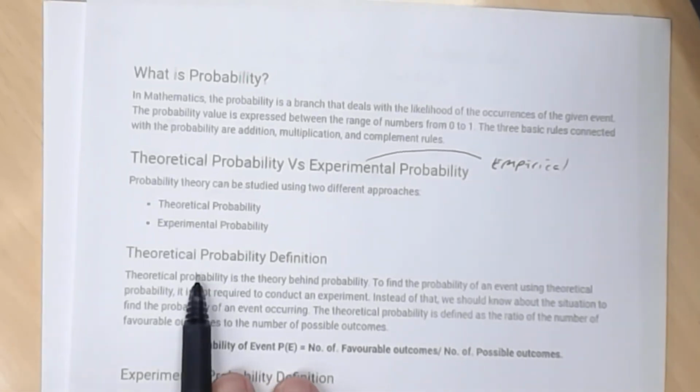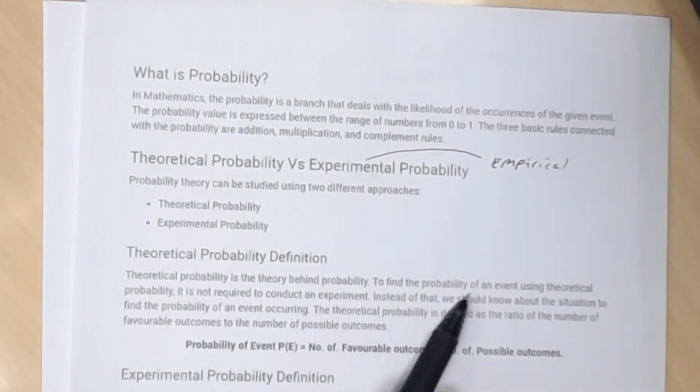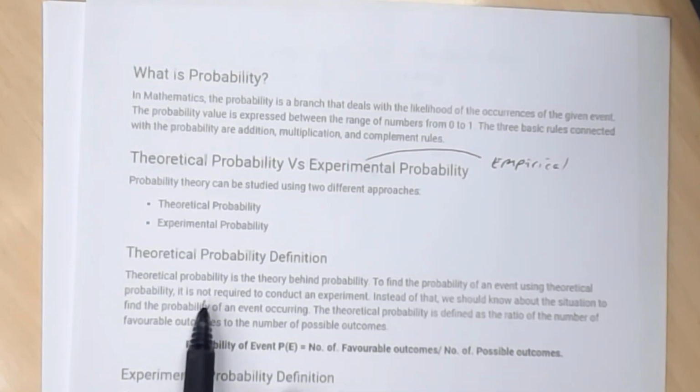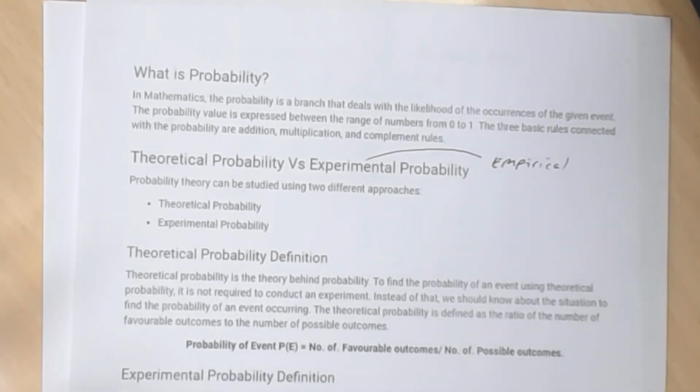To find the probability of an event using theoretical probability, it is not required to conduct an experiment. Instead, we should know about the situation and then find the probability of an event occurring. So in theoretical probability, there's no experiment occurring. In part 2, there will be experiments, and you're going to see what that looks like.